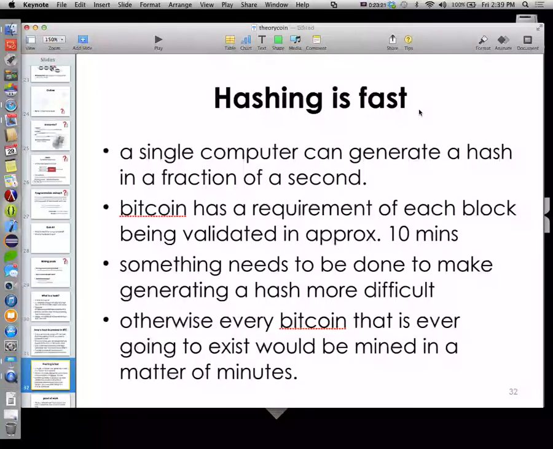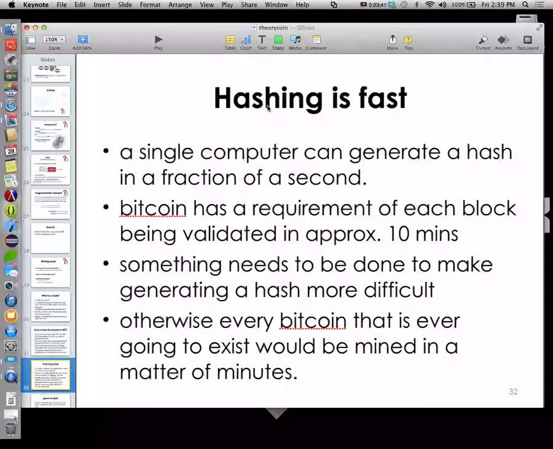So, like I said before, hashing is fast. A single computer can generate a hash in a fraction of a second. Just pausing on that for a second, let's talk about how fast hashing really can be. In the early days of mining, people would use just the CPUs in their computers.